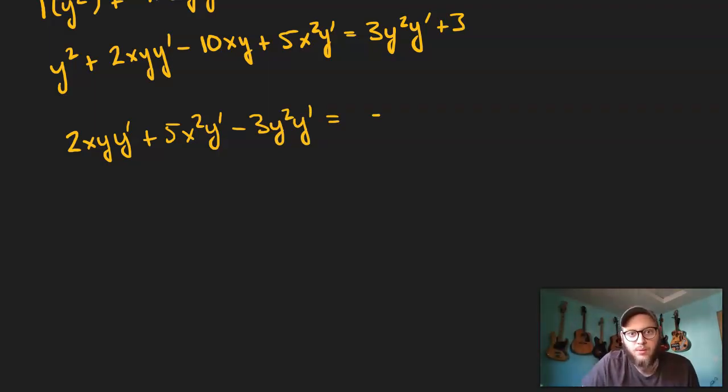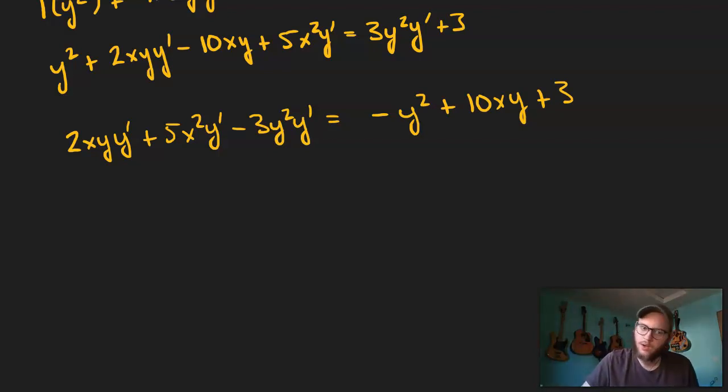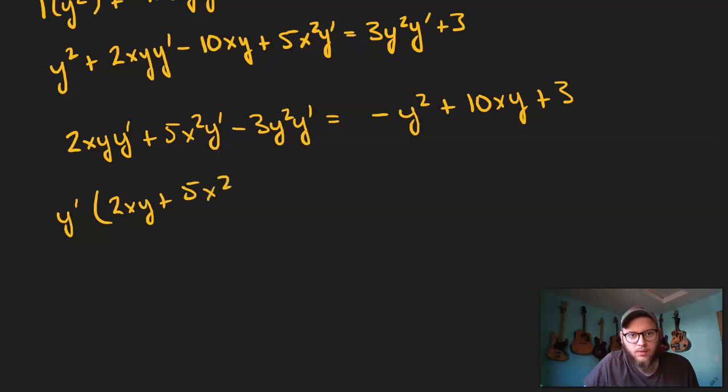So we subtract them and we get negative y squared plus 10xy plus 3. All the y primes over here, everything else over here. Good. Now we can pull out a y prime. So we have y prime times 2xy plus 5x squared minus 3y squared equals negative y squared plus 10xy plus 3.